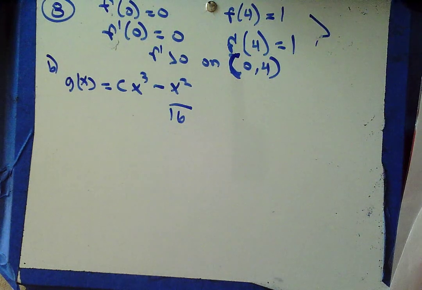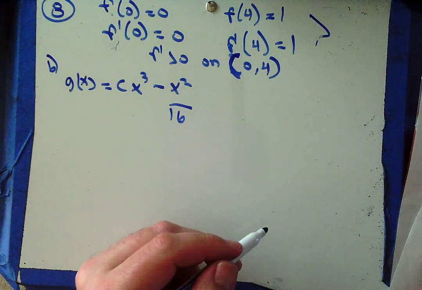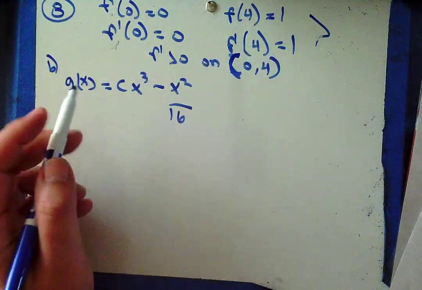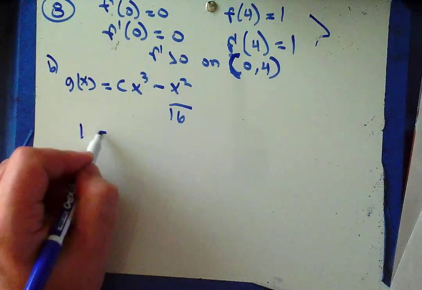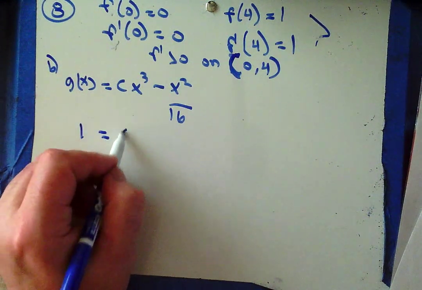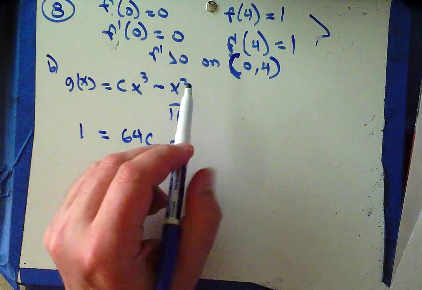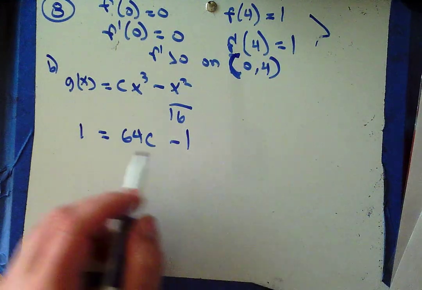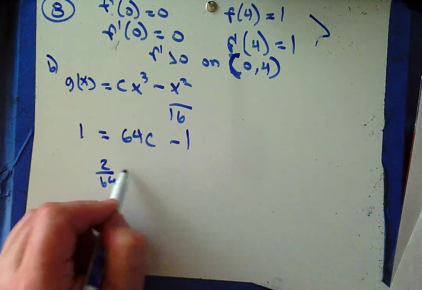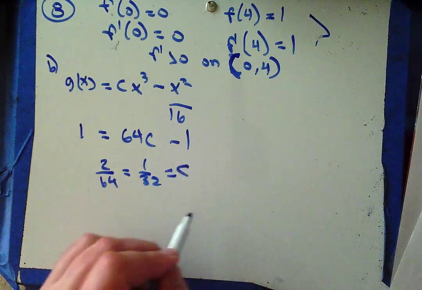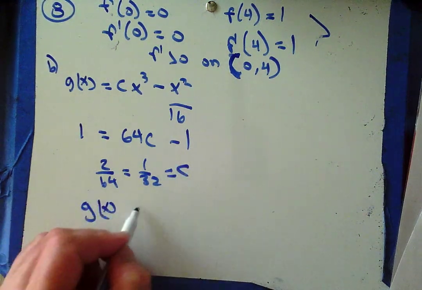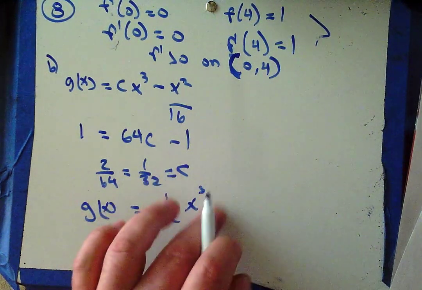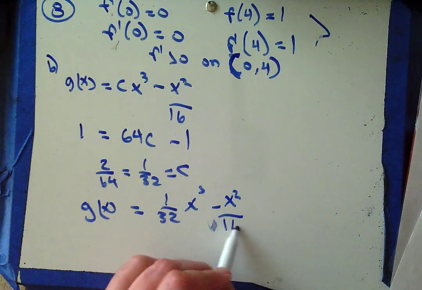And in this situation, they say c is not 0, find c, so that we do meet the requirements for little double I. Okay, so 1 equals 64c minus 4 squared is 16 over 16 is 1. So I get 2 over 64, or 1 over 32 equals c. So then g of x would be 1 over 32 x to the third minus x squared over 16.